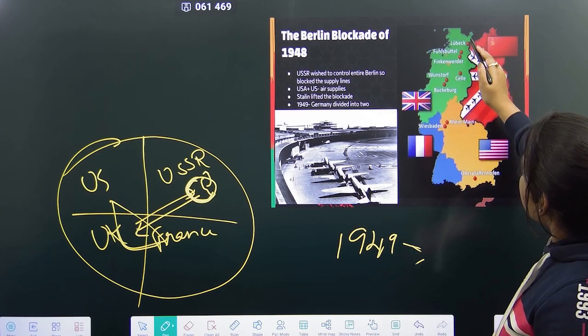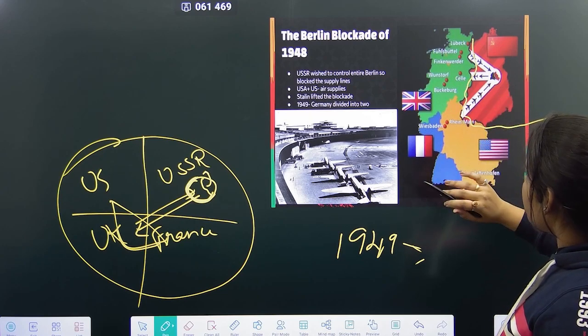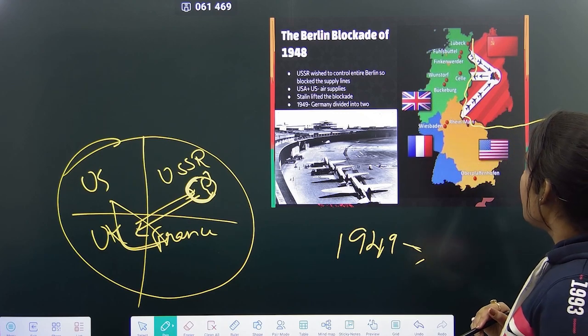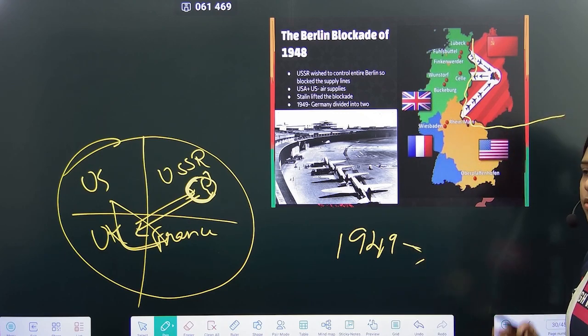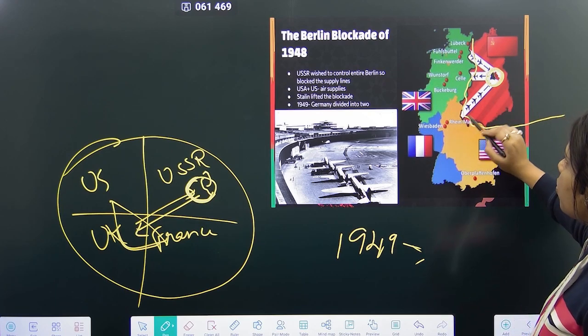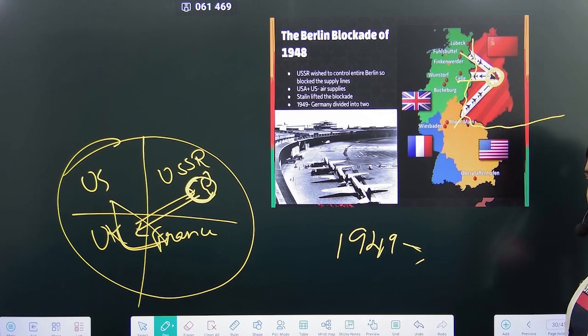It's like this. This entire region was taken by Soviet. You had US and then UK and then France taking these regions. The eastern part was given to Soviet, but this area was blocked. So air supplies were sent from all over. This is what happened with Germany.